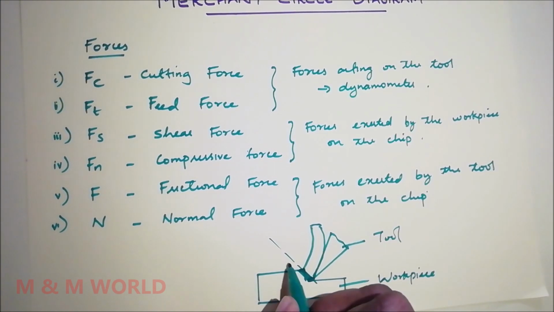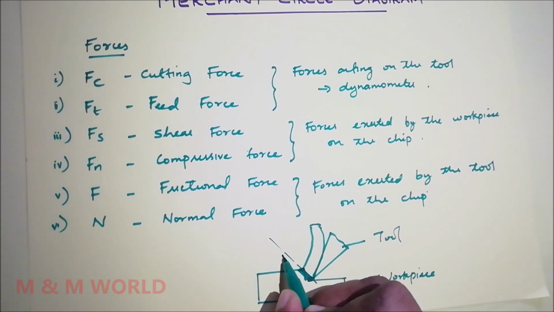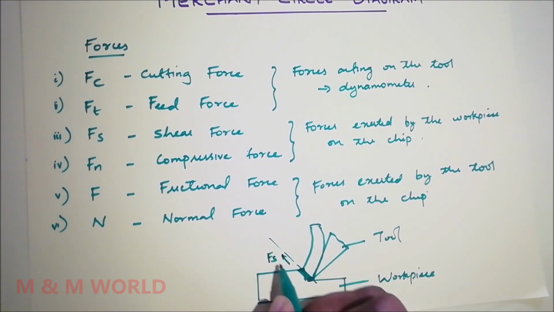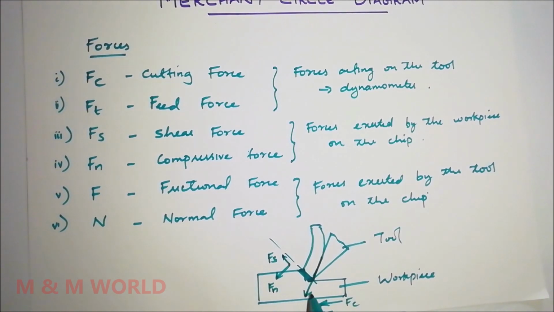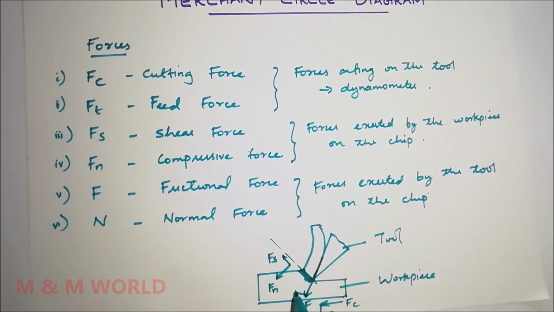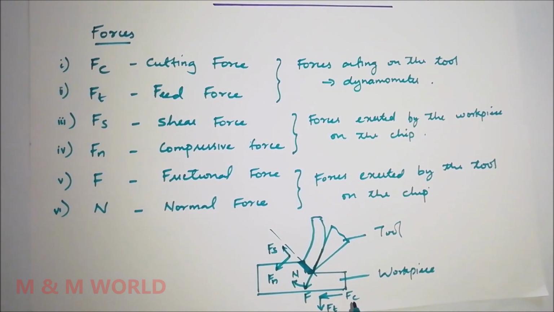Now this is the shear plane, so this will be Fs and normal to the shear plane Fn. Then this will be F and normal to that we have N.